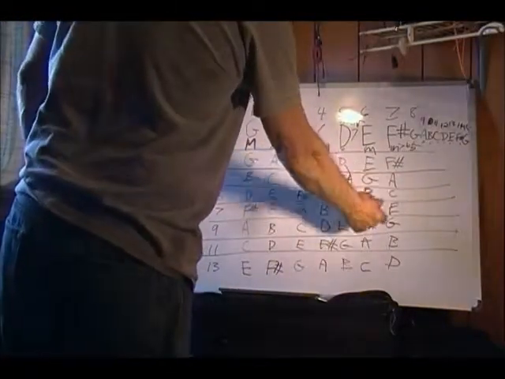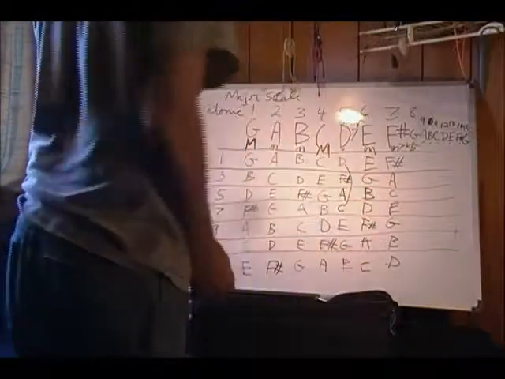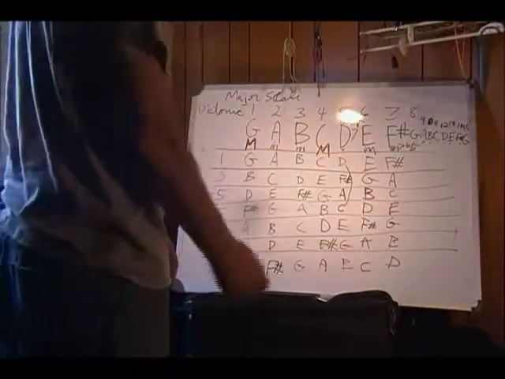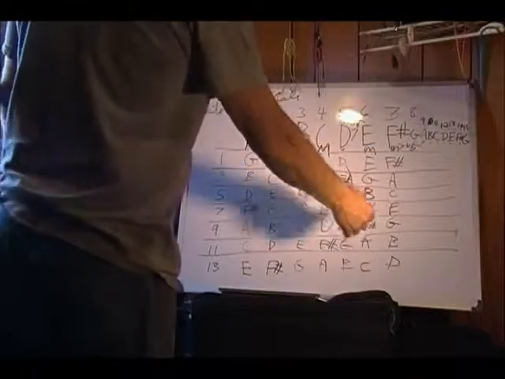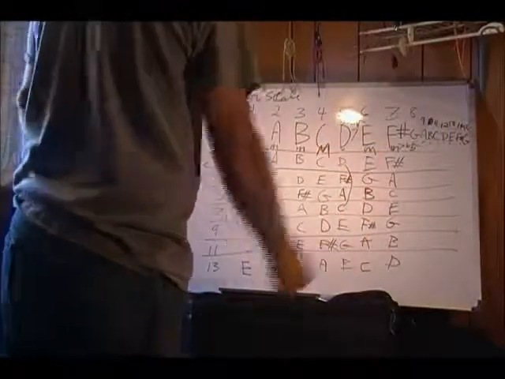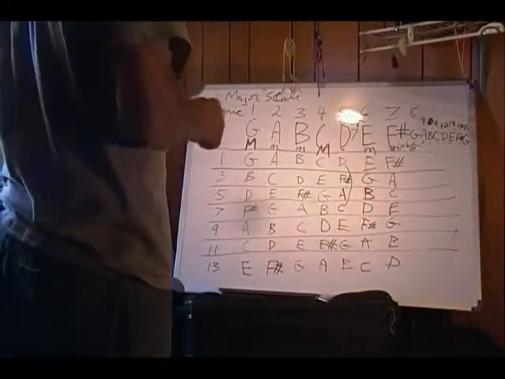So if you played these 3 notes and add the 9, it'd be an F sharp minor 9 flat 5, F sharp minor 13 flat 5, F sharp minor 11 flat 5. But it'd always be a flat 5.